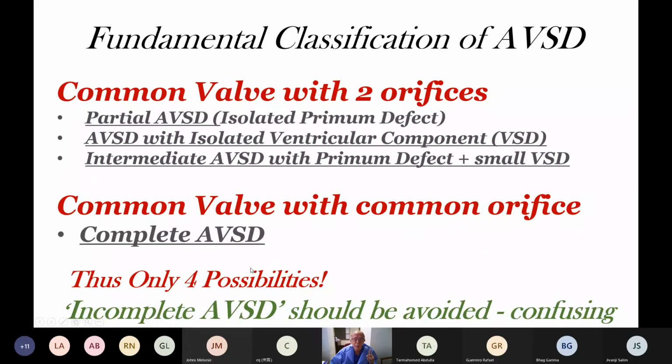The 4th type is where you have a common valve with a common valve orifice, and they are all grouped together as complete AVSD. So there are only 4 basic possibilities. Incomplete AVSD is not included in the international nomenclature and should therefore be avoided, if only to avoid confusion.